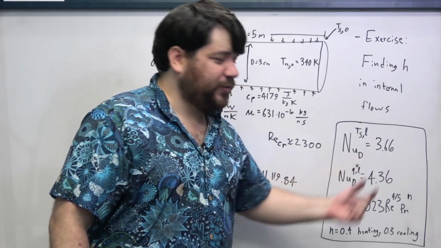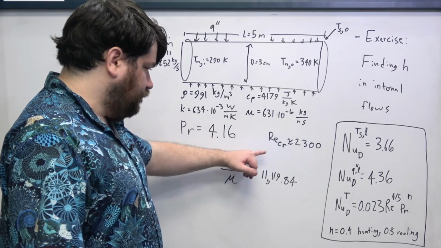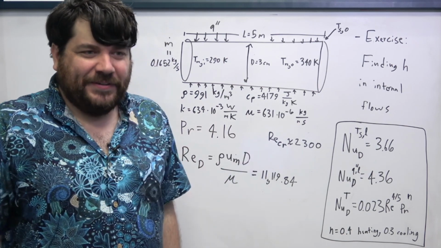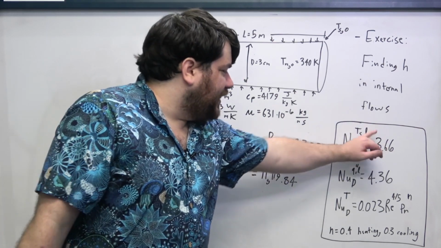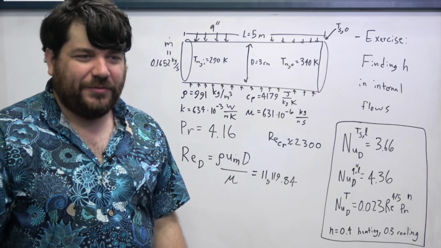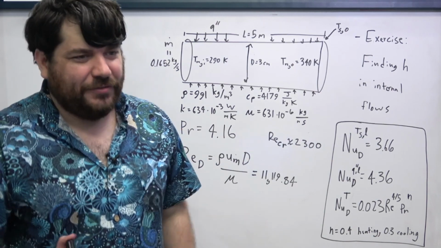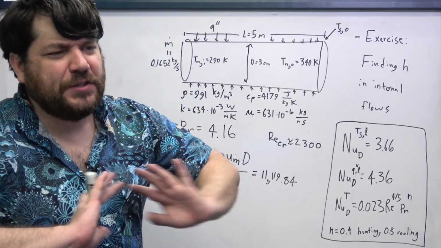And you notice that this is just a number. It's completely independent, technically speaking, of the Reynolds number and the Prandtl number. Now, is it actually independent? Not really, because in order for the flow to be laminar, the Reynolds number has to be lower than 2,300. So it kind of depends on the Reynolds number, but it doesn't show up. And so calculating the Nusselt number is super easy.